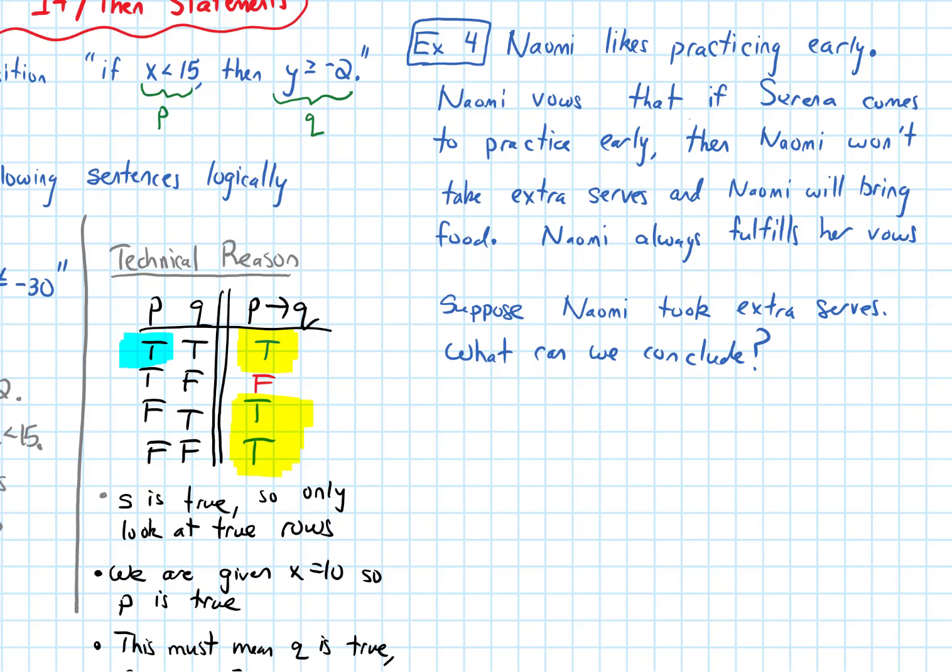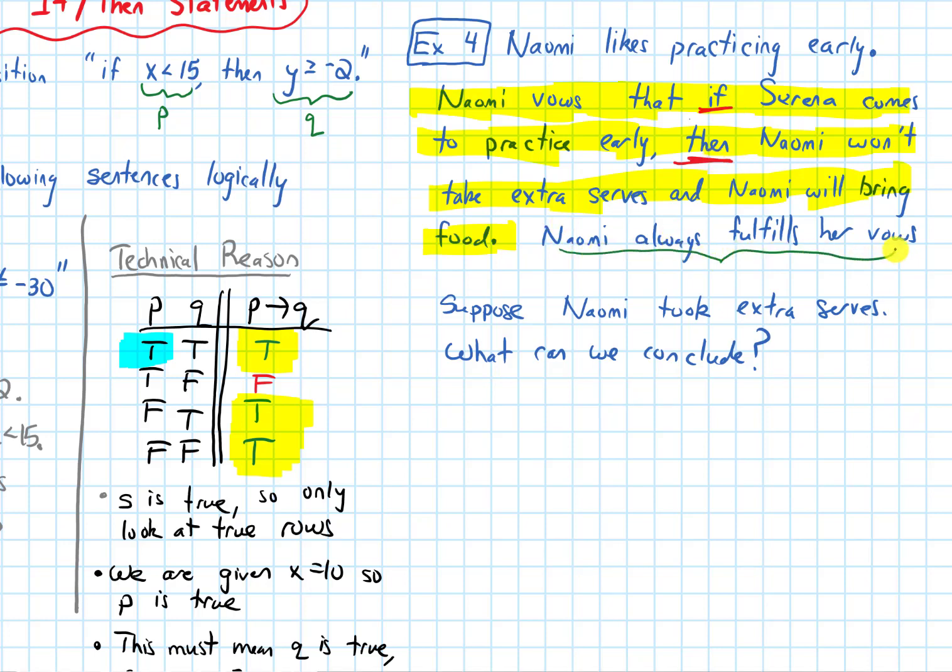Alrighty, so let's break this down a little bit. So we have this if-then statement, and it occurs here. It says Naomi vows something. So we'll come back and think about, well, what does it mean if she vows? Naomi vows that if Serena comes to practice early, then Naomi won't take extra serves and Naomi will bring food. So let me underline those keywords. There's the if, there's the then. But then after that, it says Naomi always fulfills her vows.